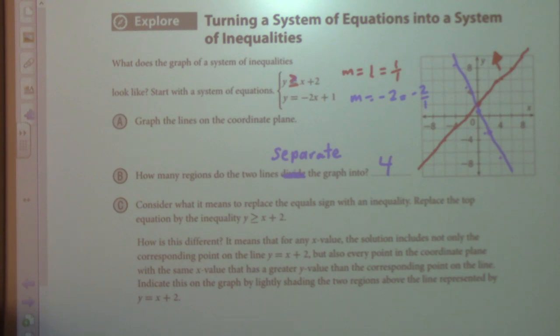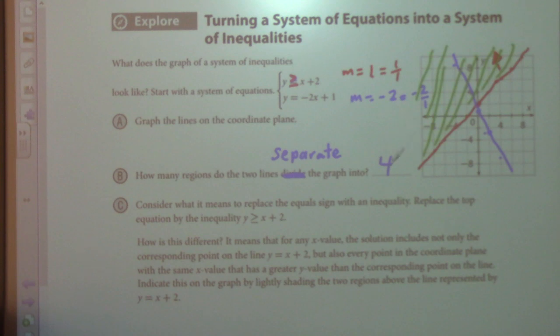And so we're going to have this area too, that I'm going to shade in green. So the line itself and everything here that's shaded in green above that line. Okay, so that's going to be our solution set.